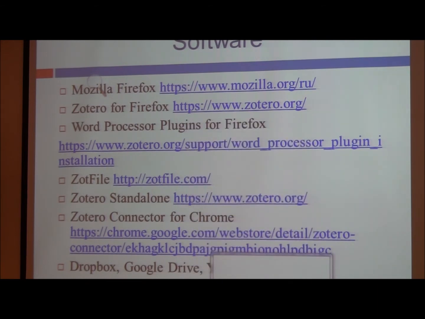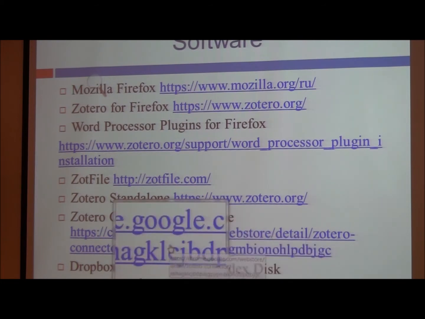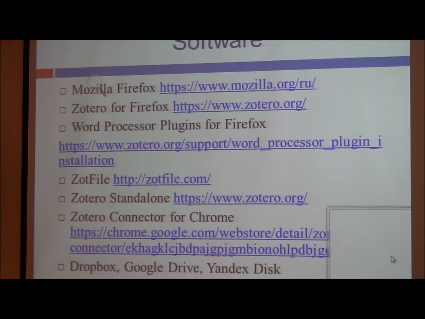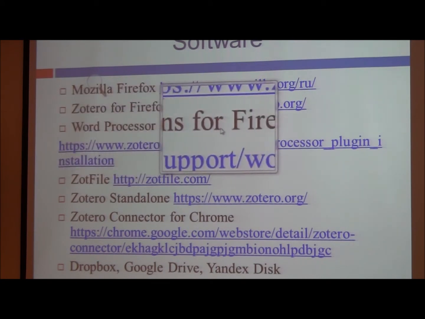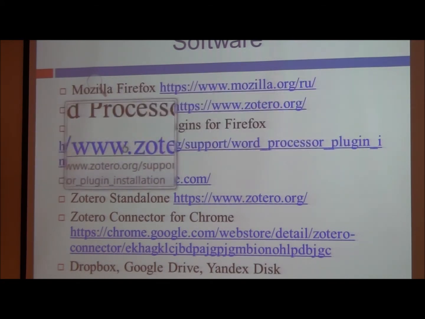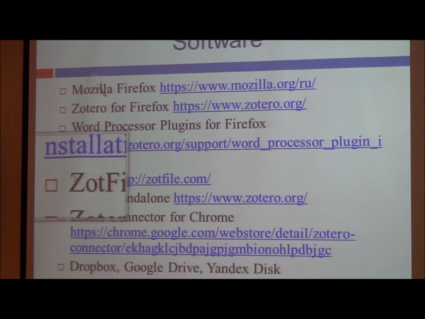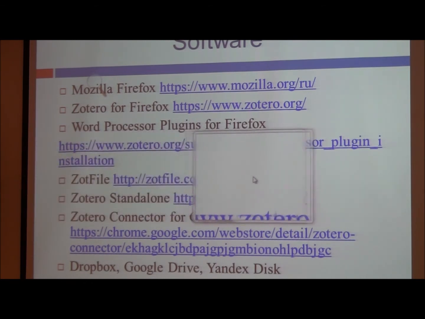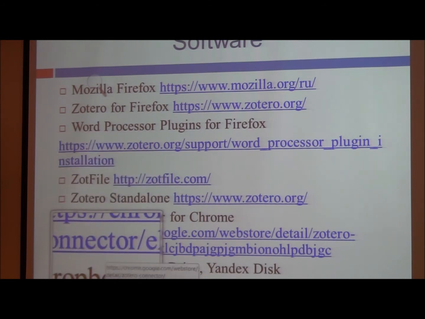To do that, you need to download Mozilla Firefox first of all, then download Zotero for Firefox, and after that install the Word processor plugin for Microsoft Word, and one more important piece of software, an extension called Zotfile. It lets you work with cloud storage, and it also lets you read metadata from PDF files.